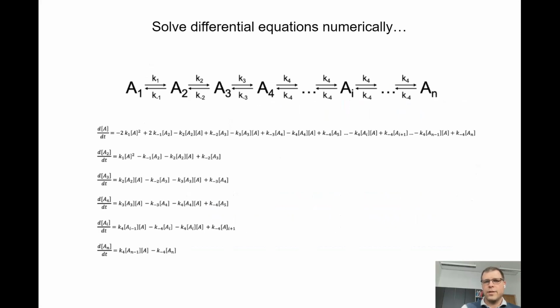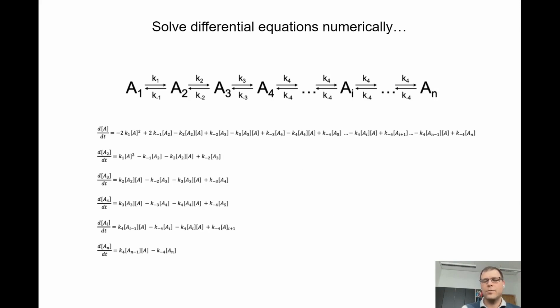And then I needed to derive a couple of differential equations to describe this equilibrium, in order to be able to create time courses for the concentration of each individual species.